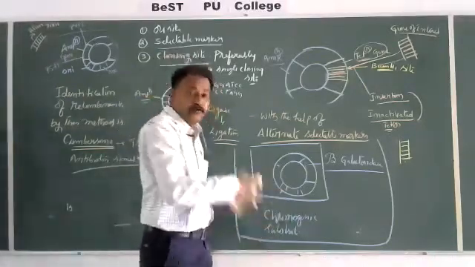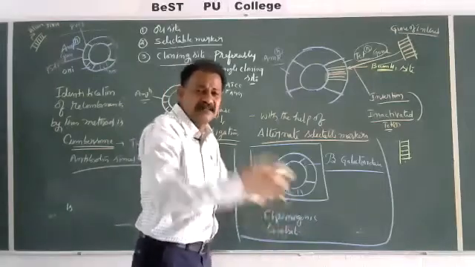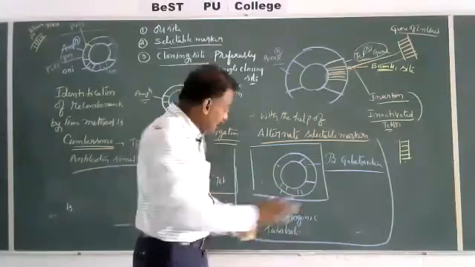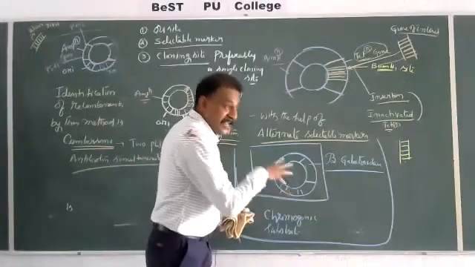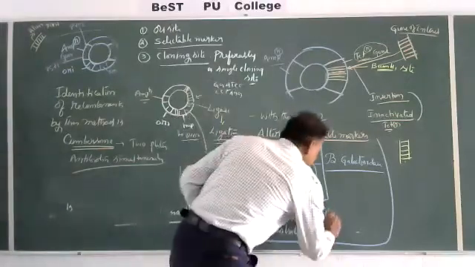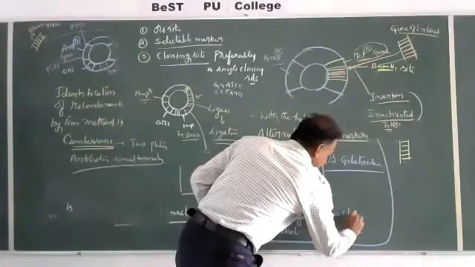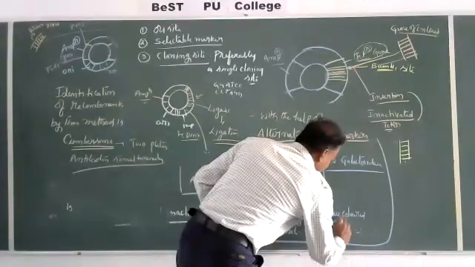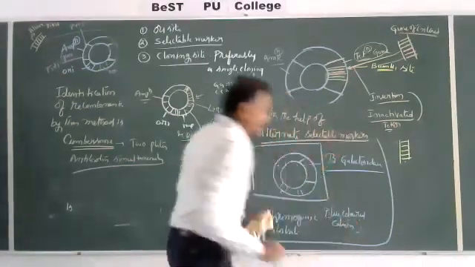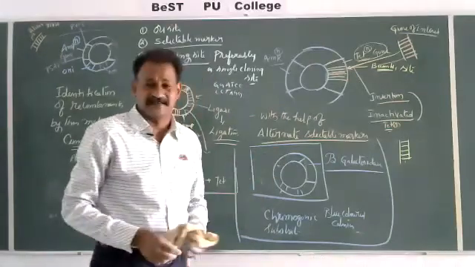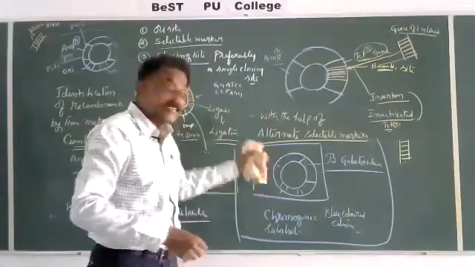When bacteria are growing, dividing, hundreds, thousands, millions, in that substrate they appear like blue colored colonies.